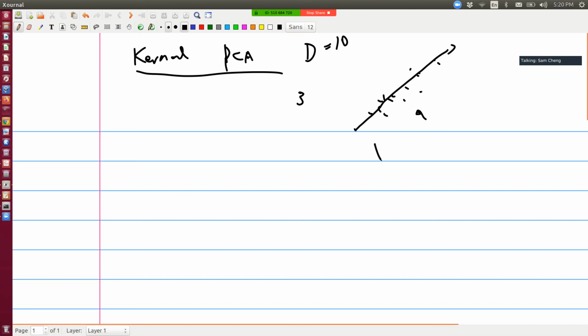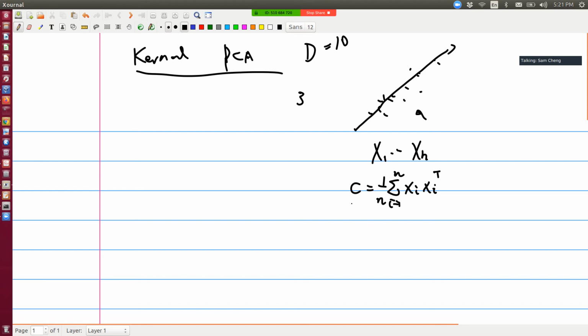For example, I have data points x1 up to xm, and each of them has dimension d. Then I can estimate the covariance matrix. Maybe C is equal to 1 over n times the sum of xi xi transpose, where all of them are column vectors. Assuming all this data is already zero mean.